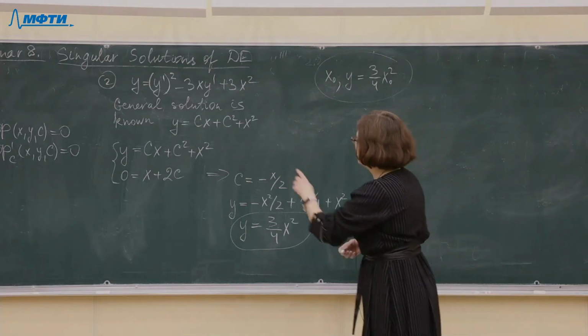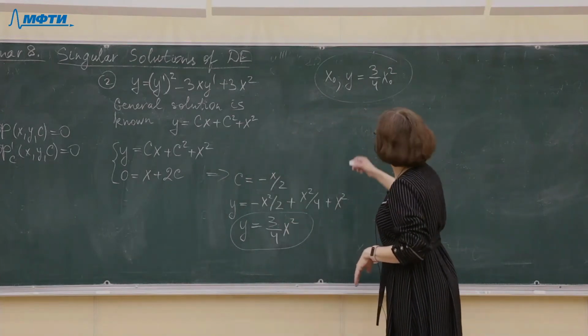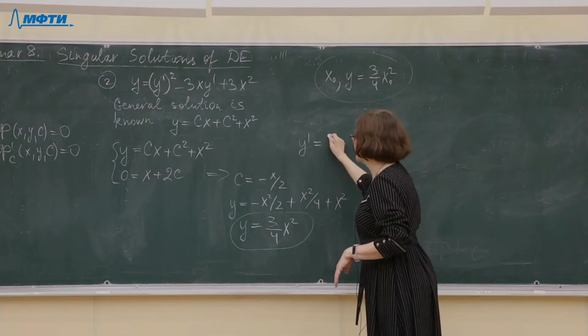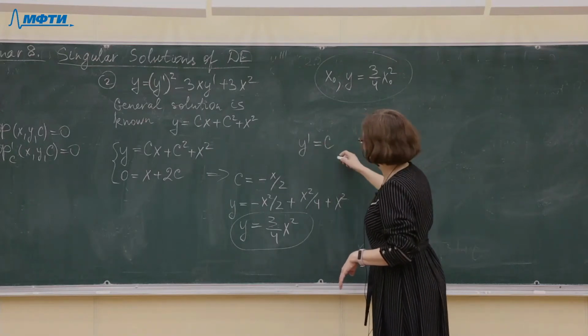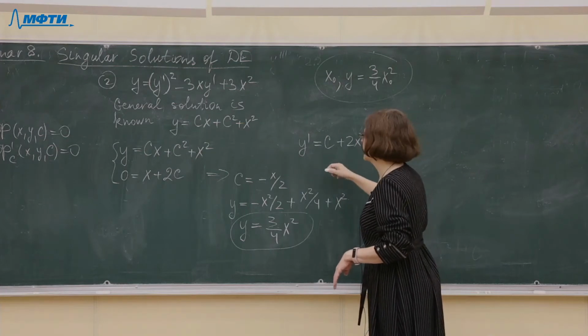Well, let's try to find the derivative of this curve. For the general solution, we have y prime equals, the derivative with respect to x, c plus 2x, right?